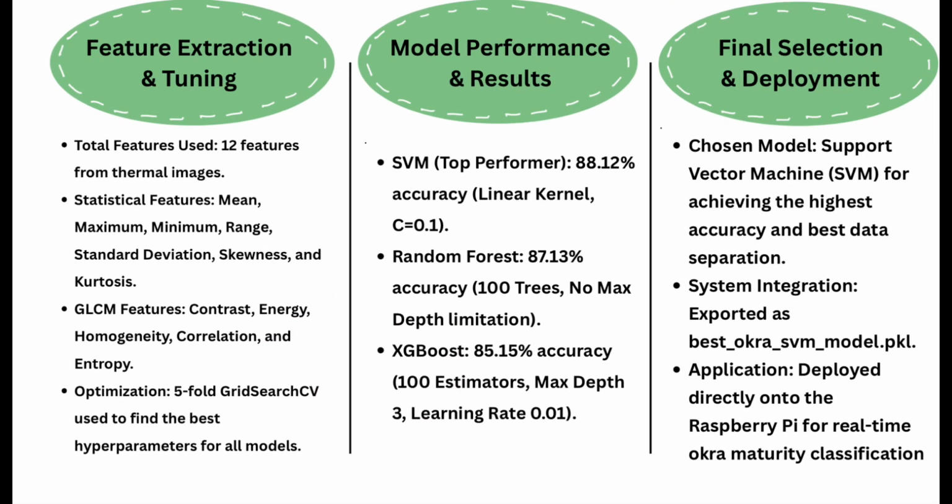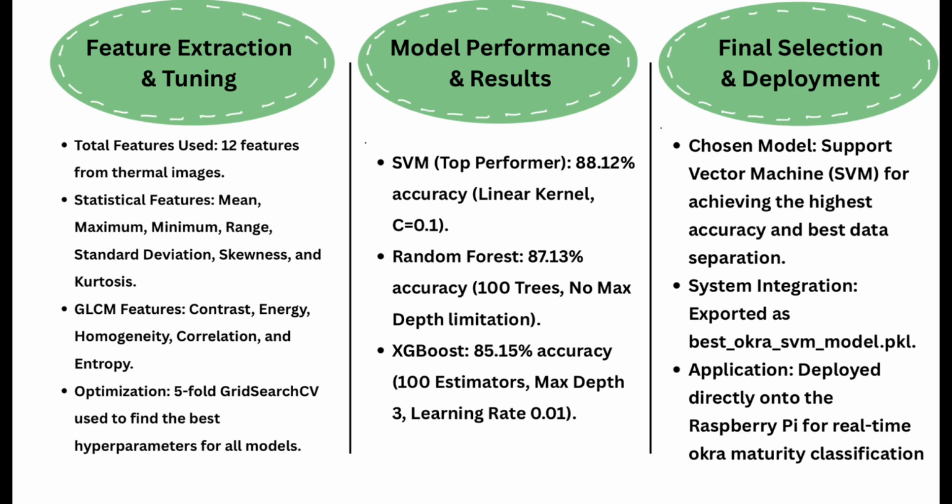To train our models, we first extracted 12 specific features from the thermal image. This included 7 statistical features like mean and standard deviation, and 5 GLCM texture features such as energy and contrast. To ensure the best performance, we used 5-fold grid search CV to tune the hyperparameters for all 3 of our models.